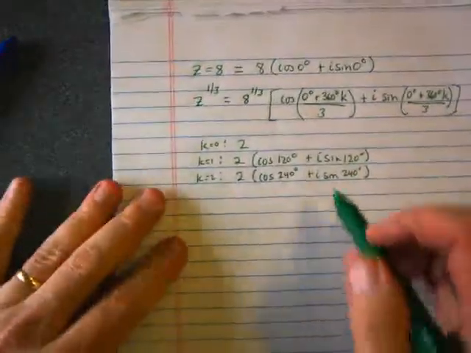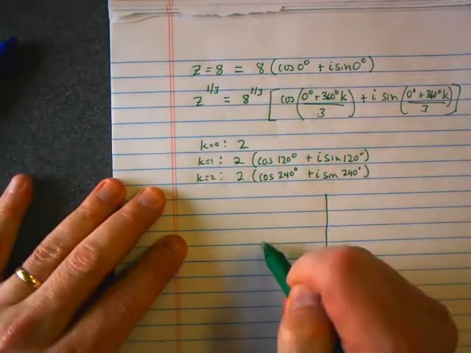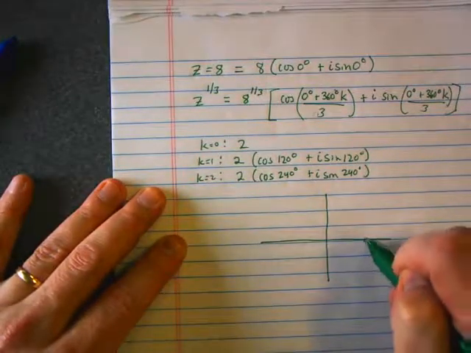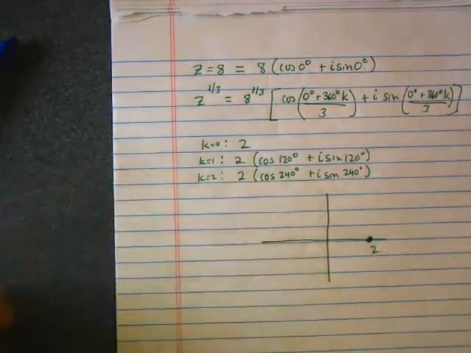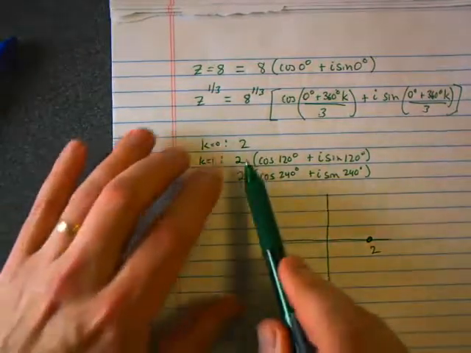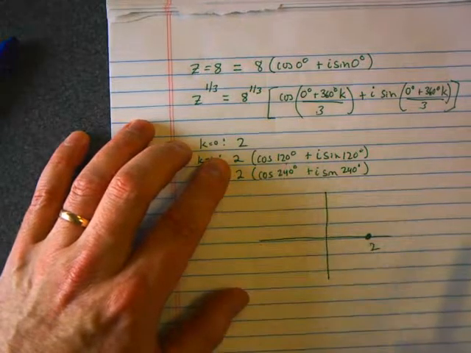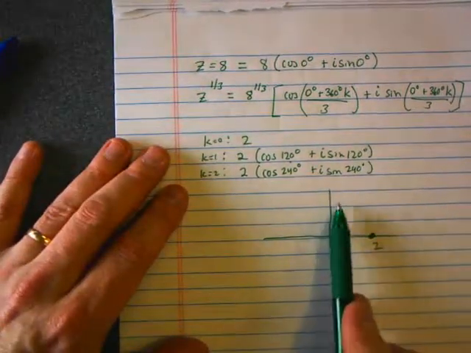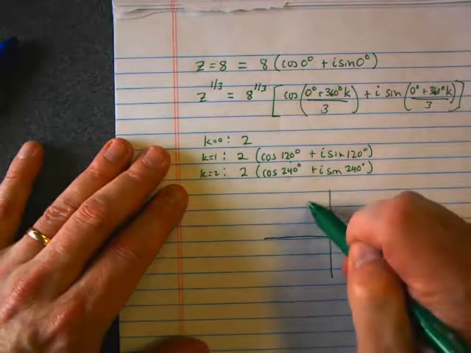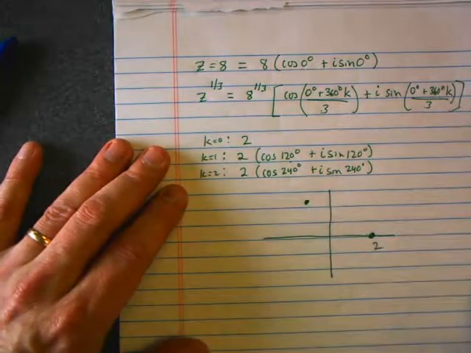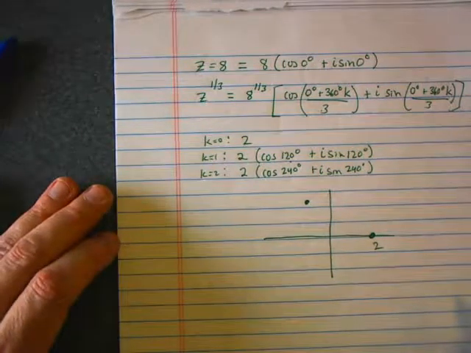But I want you to notice something here. Again, if I were to graph these, here's 2. Where's this point? You told me it's in quadrant number 2, and it's 120 degrees. So this is 90, this is 30, so it's kind of up here. So here's the second point. And where's the third point?